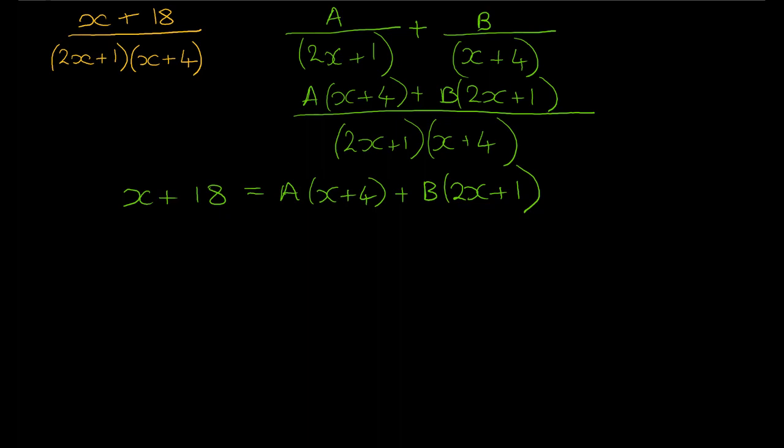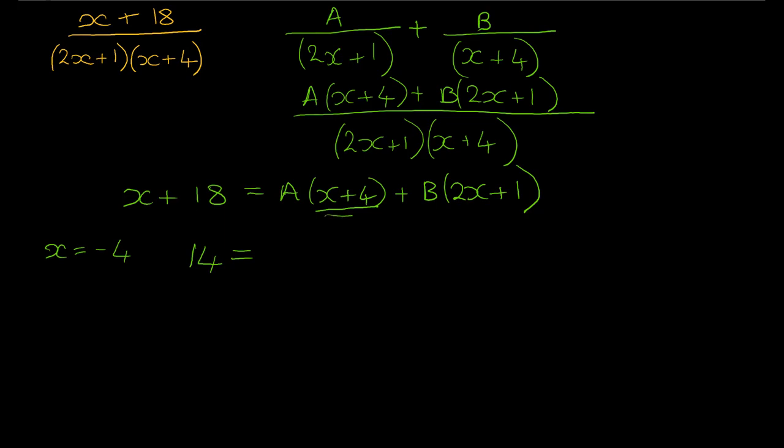So what we're looking at is to get rid of one or other of these brackets. So to get rid of this bracket, x would need to be minus 4. So let's use x equals minus 4. So on the left hand side here, that's going to give us minus 4 plus 18, so that's going to be 14.